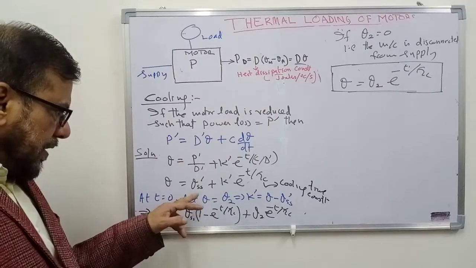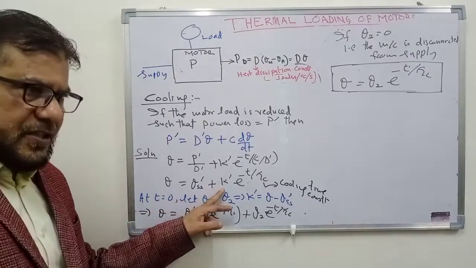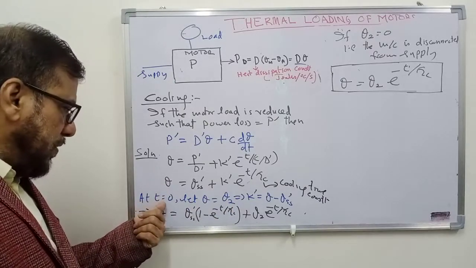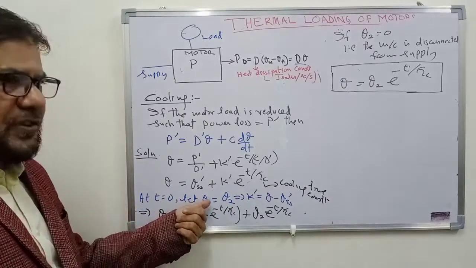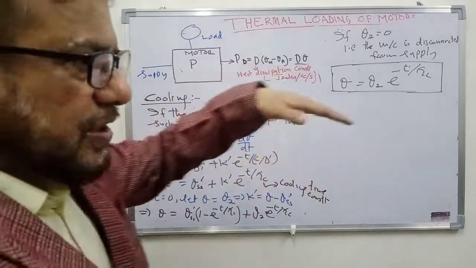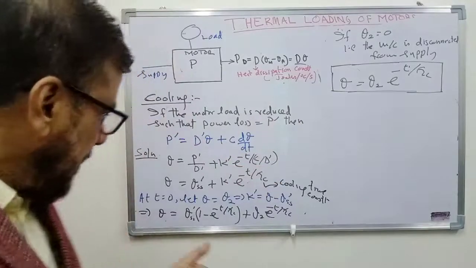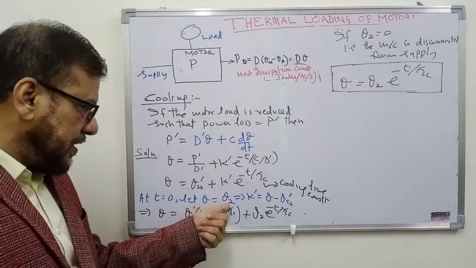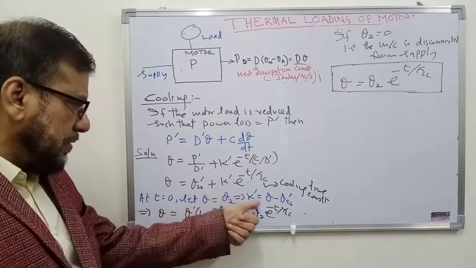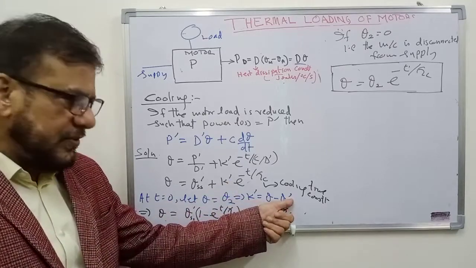Now you have to find out the constant K dash from the initial condition. So let us take that at T equal to 0, the temperature was theta 2. Because of previous loading of the motor, temperature reached a certain value, theta 2. So that is the initial temperature rise of the machine. So if you put that, you will get K dash equal to theta 2 minus theta SS dash.